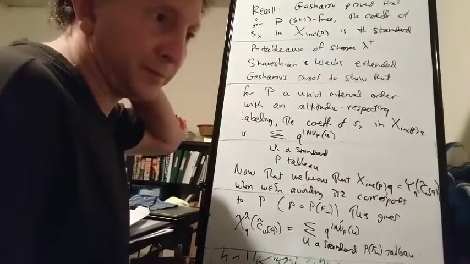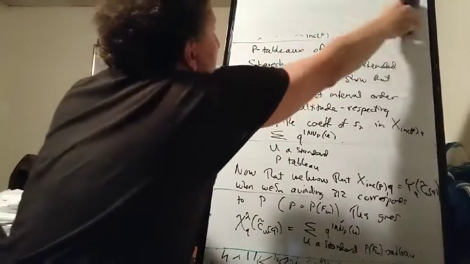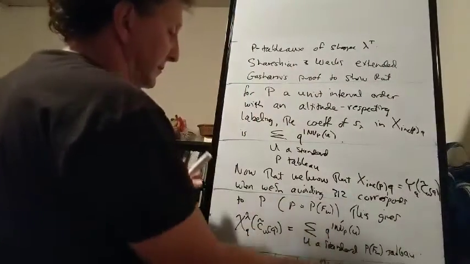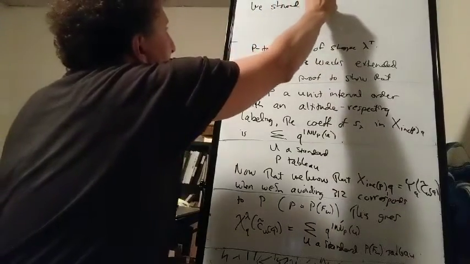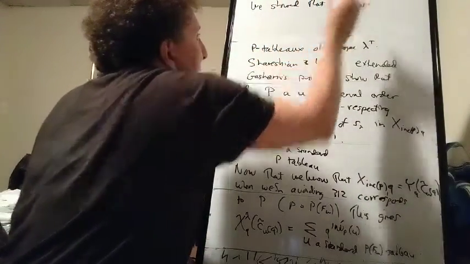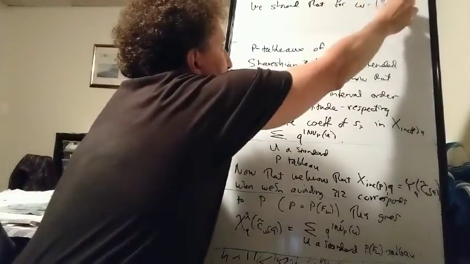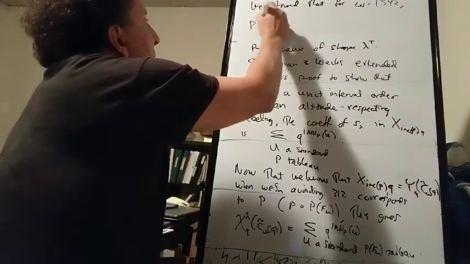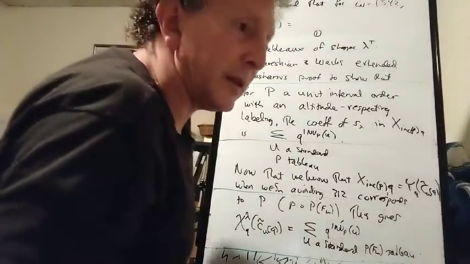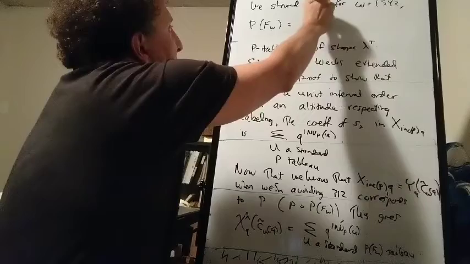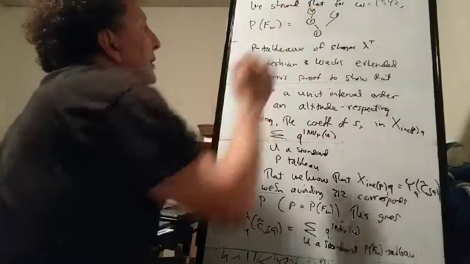So let's do an example. We showed that for w equal to 1342, P of F_w is the poset 1 less than 2 less than 4, and then 3 greater than 1 but incomparable to 2 and 4.